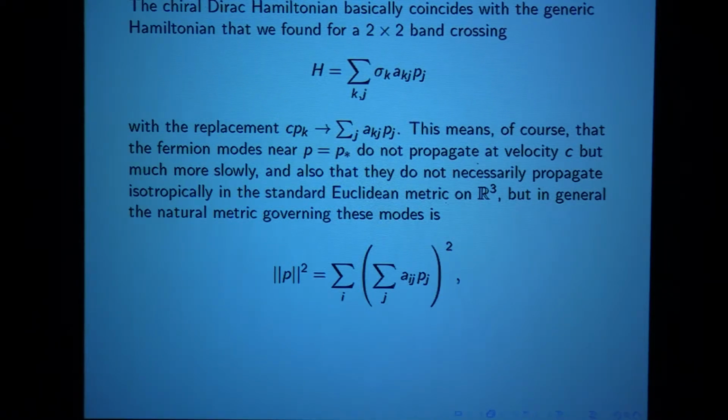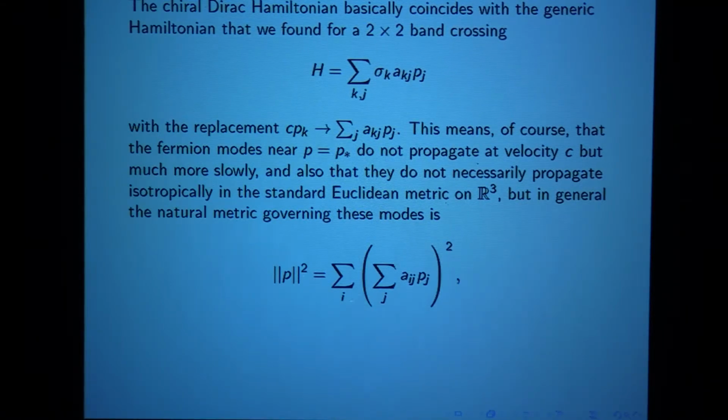And you see, the natural metric governing these modes is not, well, for the relativistic Hamiltonian, the energy was the square root of p squared, where p squared is defined using the standard Euclidean space distance function. But for this mode, we have to define p squared in such a way that not the Euclidean components of p, but the Euclidean components of a times p are orthonormal.